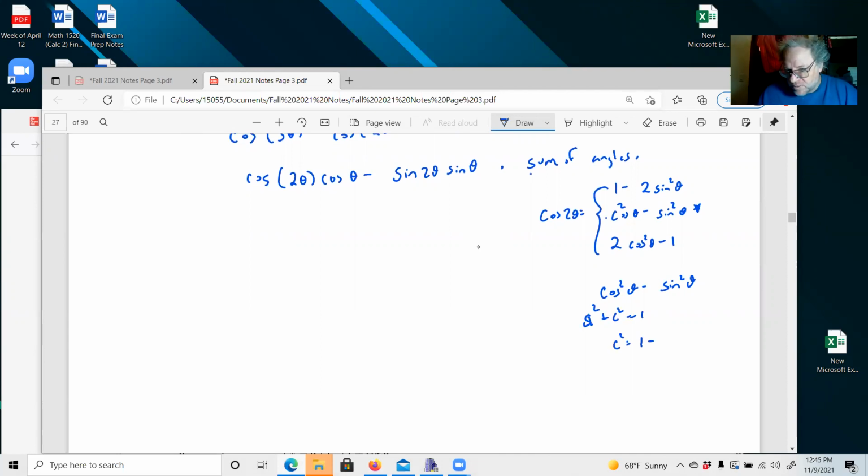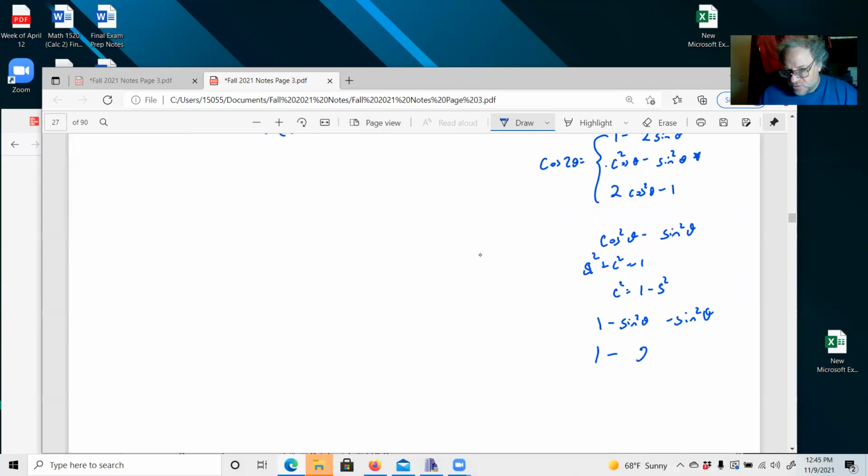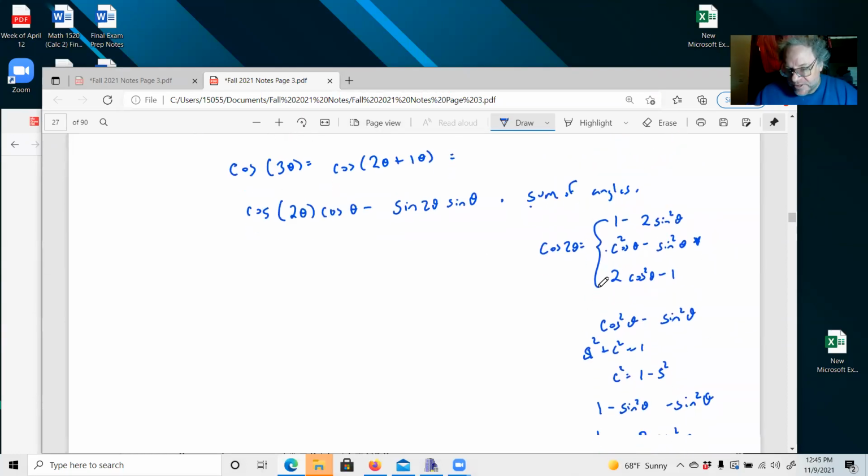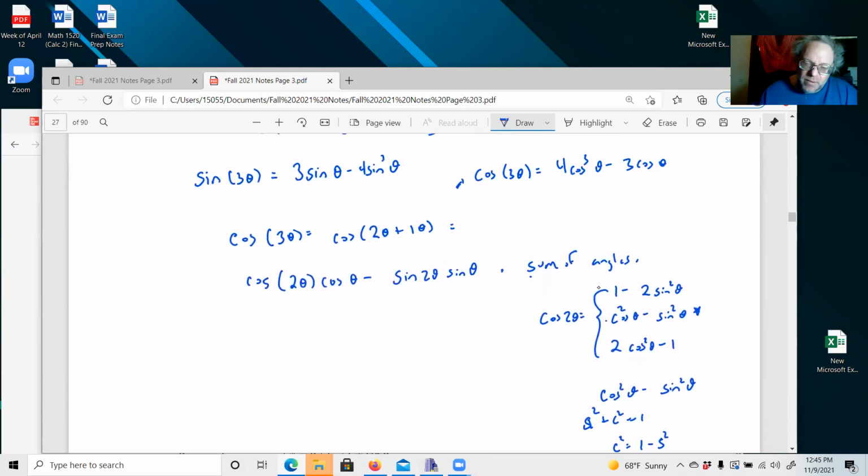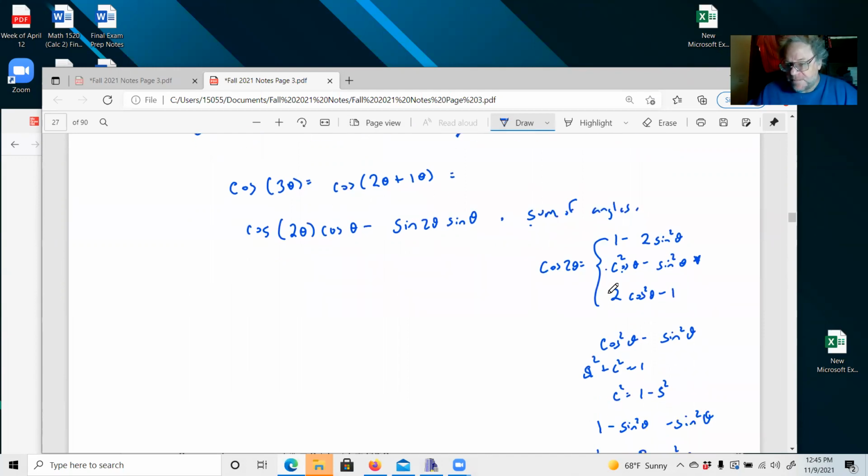Since cosine squared equals 1 minus sine squared, we could say this is 1 minus sine squared theta minus sine squared theta. And thus we have 1 minus twice sine squared theta. So that is our possibilities there. You need to know these. I only memorized 1, and I just do the other ones real quick in my head to know that I can have all 3 of them. But all 3 of them are important. It depends on what kind of problem it is.